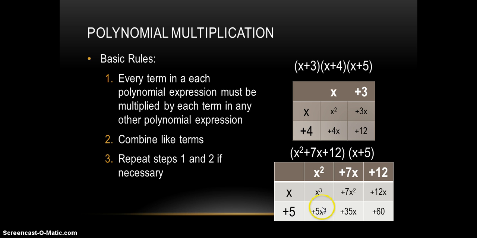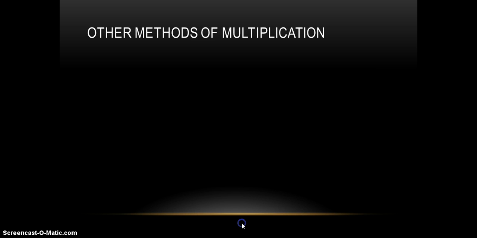Plus 5 times x squared is 5x squared. 5 times 7x is 35x. 5 times 12 is 60. Then I combine like terms again, and I have my final answer. Alright, feel free to pause now if you need to check the work and see what's going on. If not, I'm going to continue.